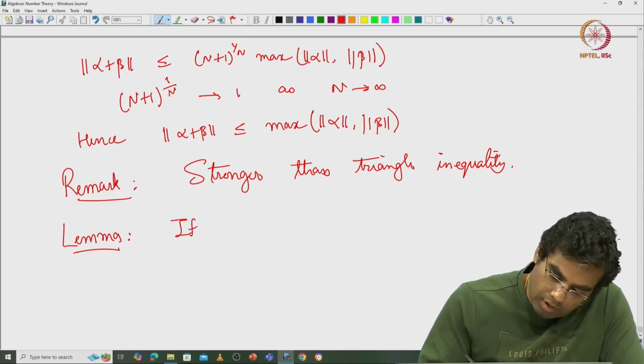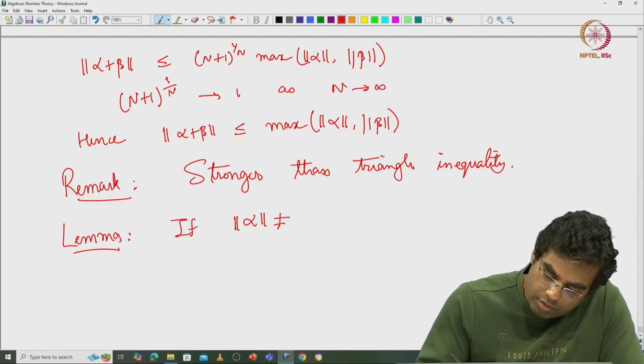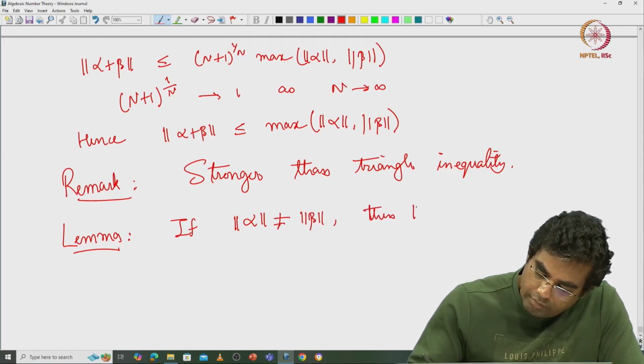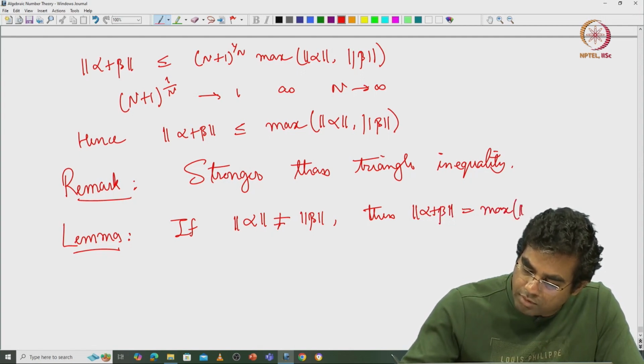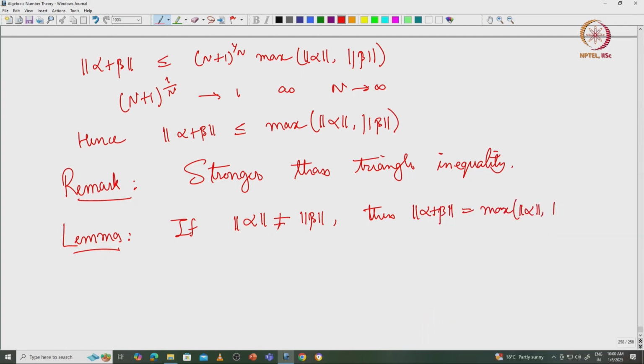If valuation of alpha is not equal to valuation of beta, then valuation of alpha plus beta is actually equal to the max. So, not only is it less than or equal to, but equality is attained. And why is that? Well, here is a proof.